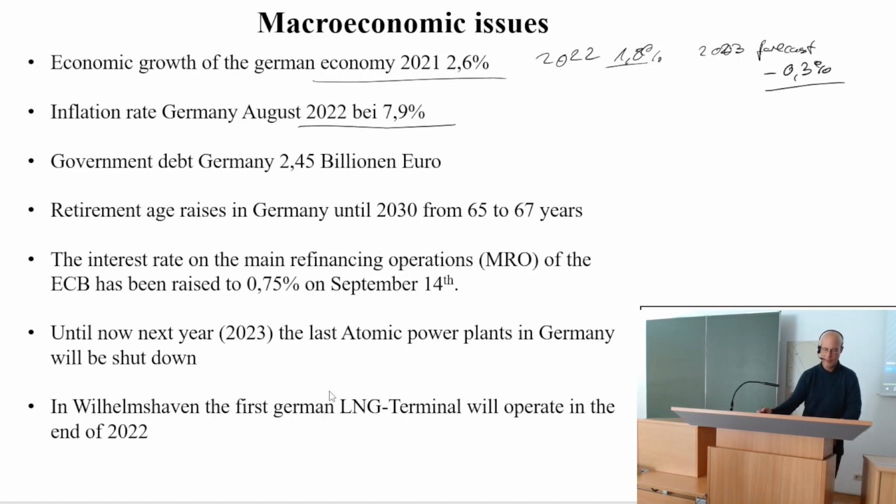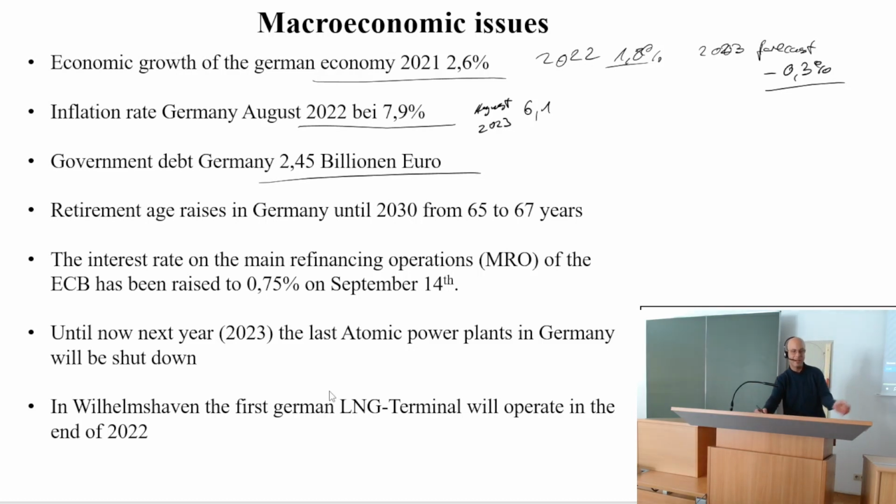Also, just one year ago, we had these very high inflation rates of almost 8%. Right now, it is, I think, 6.1, in August 23. Or government debt, we talked about this, but I have to admit that within this number, the official data number of government debt, you won't find the rise of military expenditure in Germany.